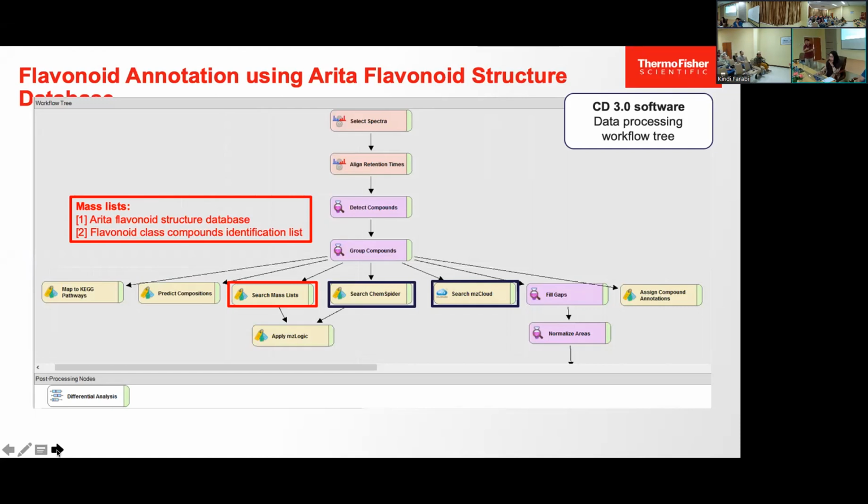Because we run technical replicates. So you're going to align the retention time, and you see it searches mzCloud, it searches ChemSpider. ChemSpider is actually the online database that will help you to identify a compound. And if you discover a compound, you can do KEGG pathway, which means that I can know the metabolism in the body. This is done by the pathway.